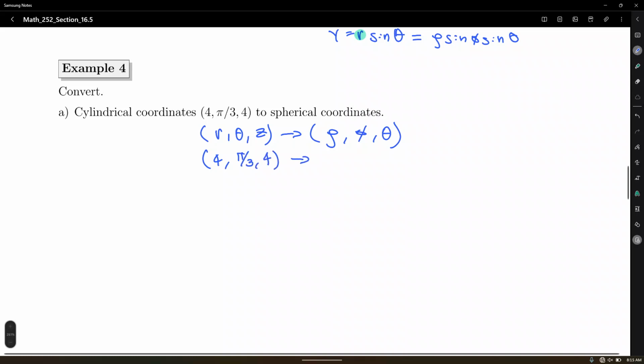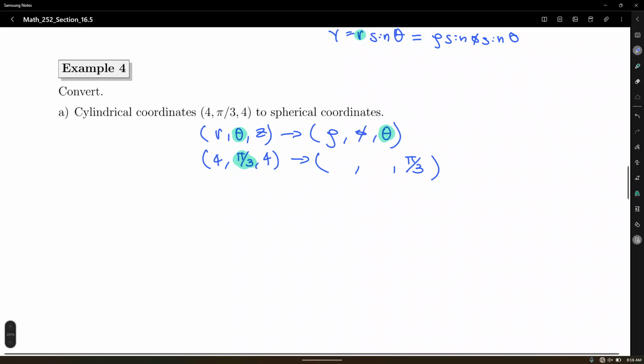Here is the thing. We already have a given here because it turns out that the theta from cylindrical will be the same as the theta in spherical. That is the polar angle, the angle that goes around the circle projected onto the xy plane from the sphere. That is pi over 3. So we need to figure out rho and phi.